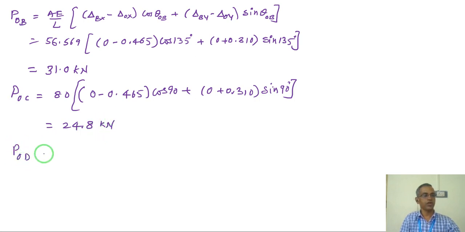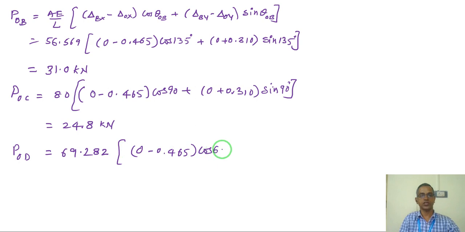And POD will be AE by L, which for OD is 69.282, into the same 0 minus 0.465 into cos of the angle of OD, which is 60 degrees, plus 0 plus 0.310 into sine 60 degrees. So this will be equal to 2.492 kilonewton.